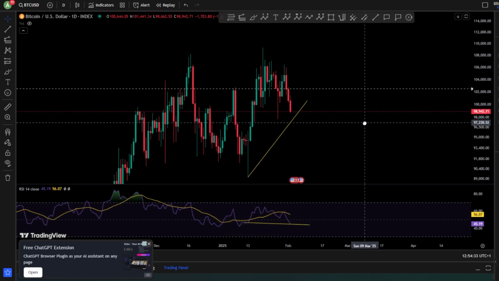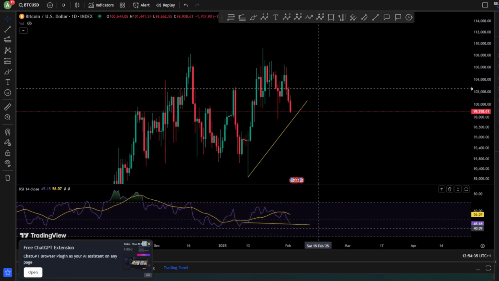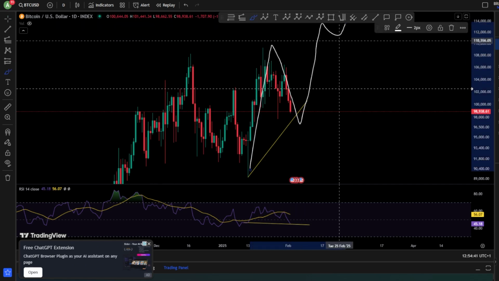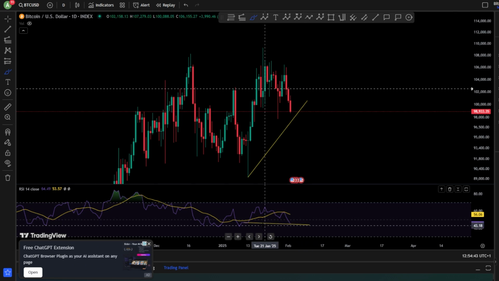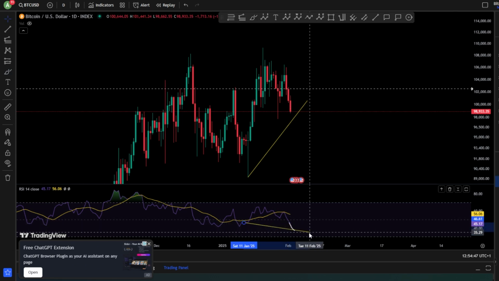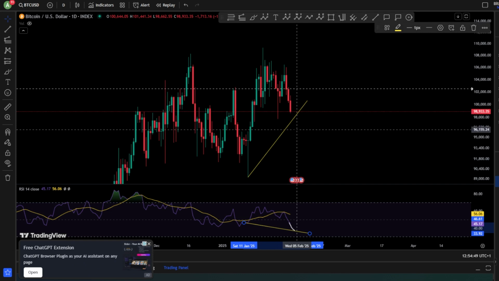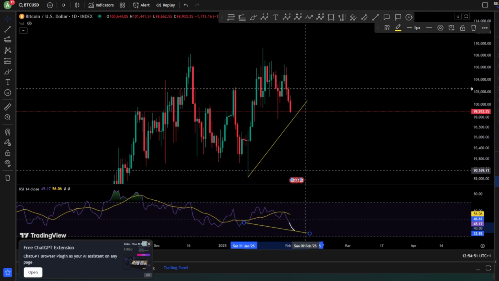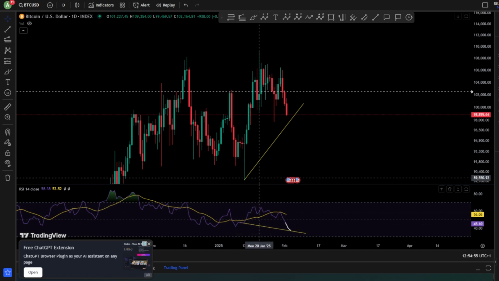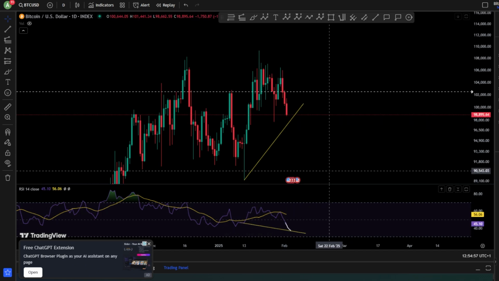Very nice. A big divergence on the daily, and that means that this might unfold a 1, 2, 3, 4, 5, guys. The daily RSI is telling us that even if it goes down, let's say we see one more daily candle down, this will transform into a big divergence toward the upside. This is a very bullish signal.